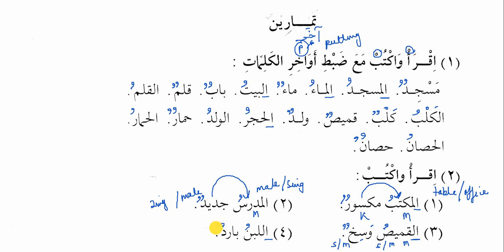Baridun, the laban is cold. This is from ismun fa'il, and this is khabar. And this is male because the mubtada is also male. Since it is khabar, it will remain nakira, and mubtada will always be marifa. So this is all about Jumla Ismiyya, Maarifah and Nakirah.